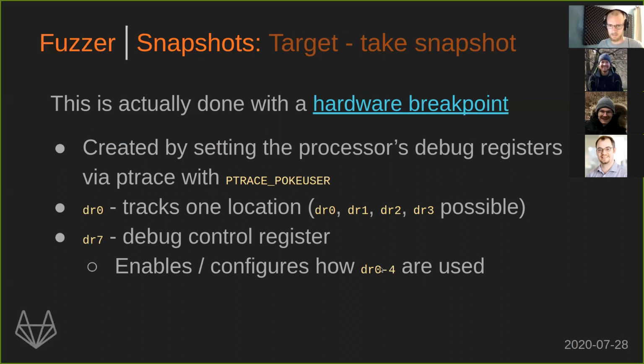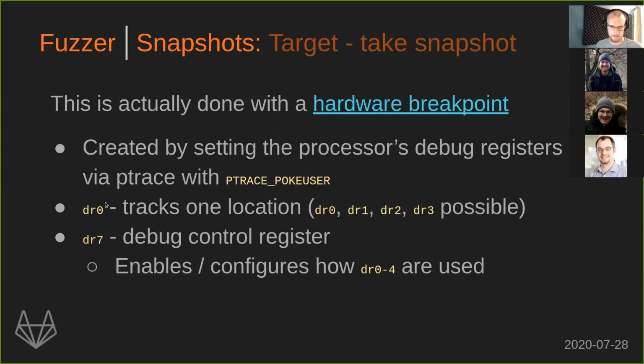It's pretty interesting. We are starting to run out of time, so I'm going to gloss over it a little bit. But there are debug registers on Intel processors, and DR0, 1, 2, and 3 each track a specific location in memory that can be set. So you can have 4 hardware breakpoints going at a time with those 4 registers.